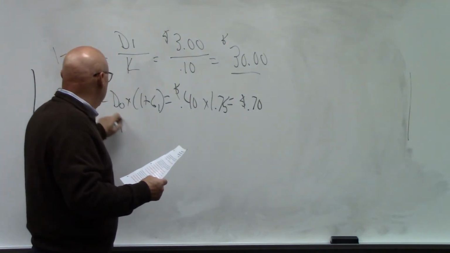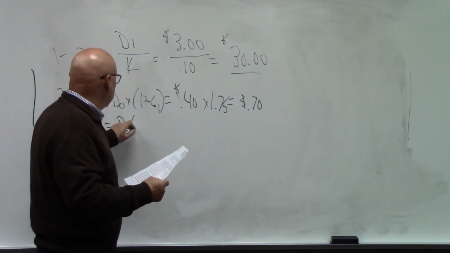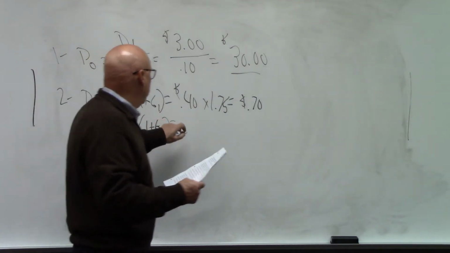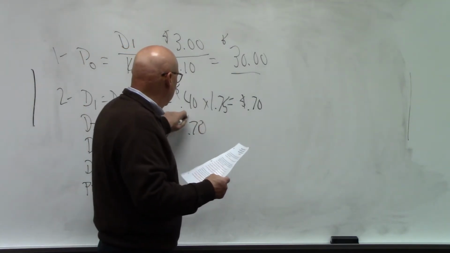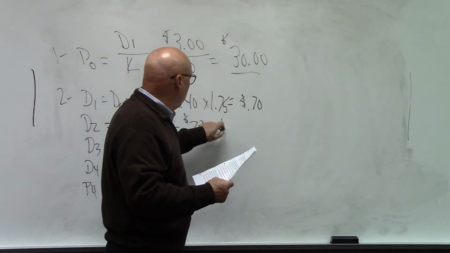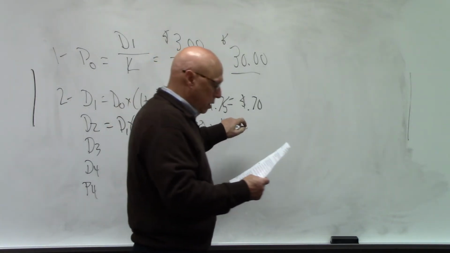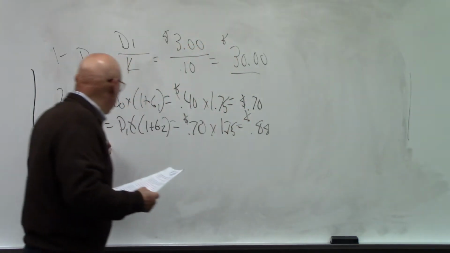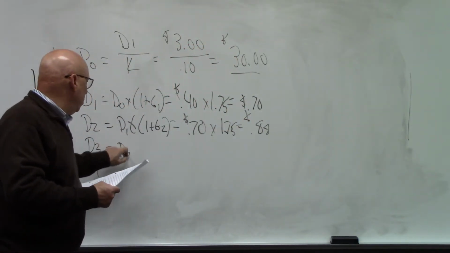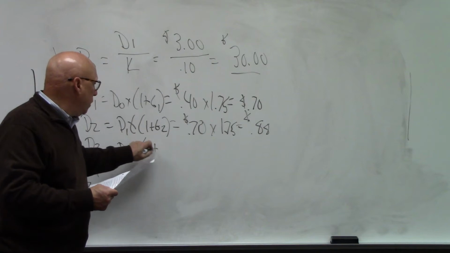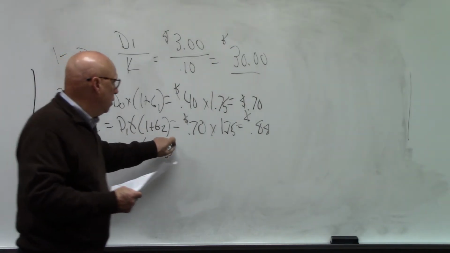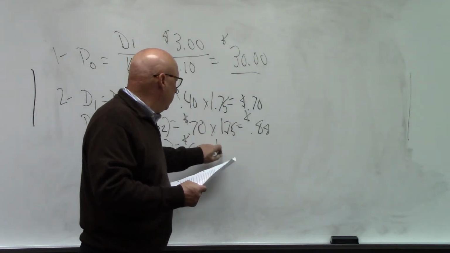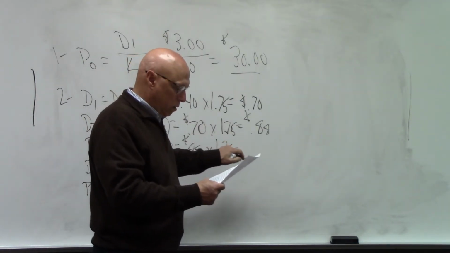D2 is D1 times 1 plus G2, and that is 70 cents times 1.75. D3 equals D2 times 1 plus G3 equals 0.88 times 1.75.